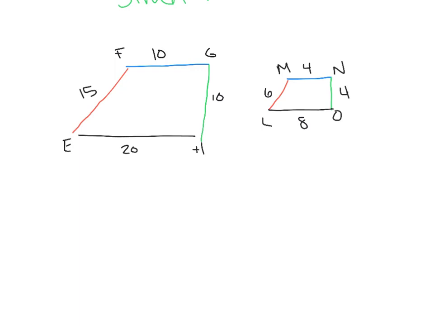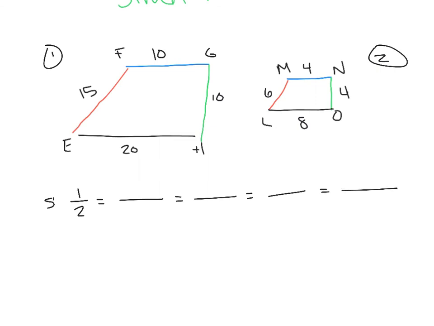So in order to look at this, it's pretty easy because all of our lines are already different colors. So we're going to say this is 1 and this is 2. So we put 1 over 2. There are 4 sides, so we're going to have 4 fractions. Shape 1 over shape 2. So we're going to look at the red first.